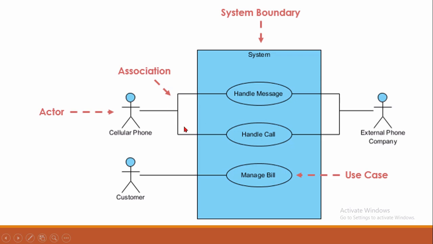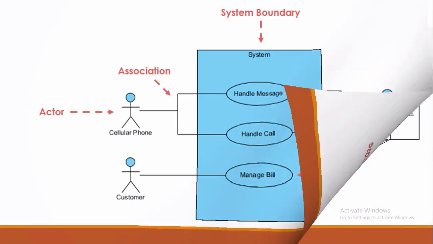And this is an association, showing that this actor has two activities, or is interacting with two functions. So this is the association symbol. I hope you understand this example.